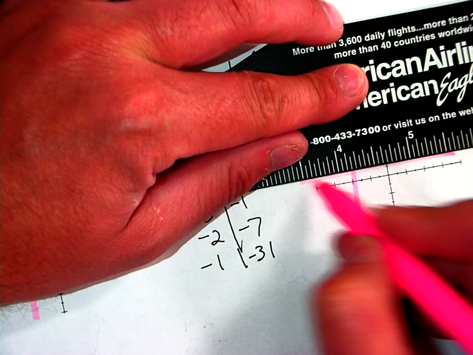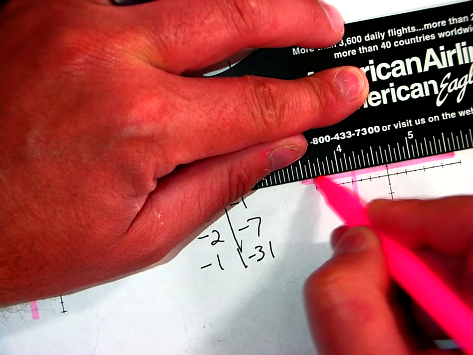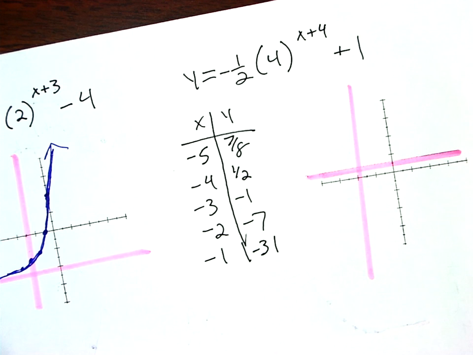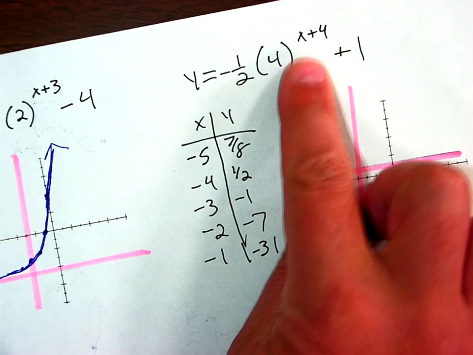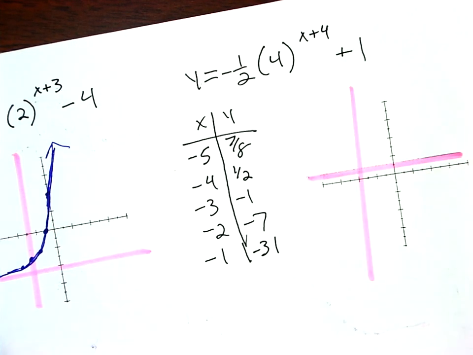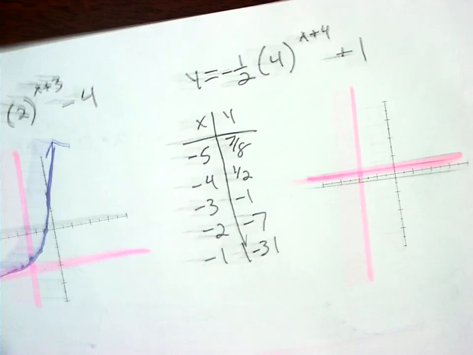I didn't do very good drawing that. Let's try and fix that. All right. Well, remember, this is a liar, so it's actually left 4. All right, let's try and graph those points now.